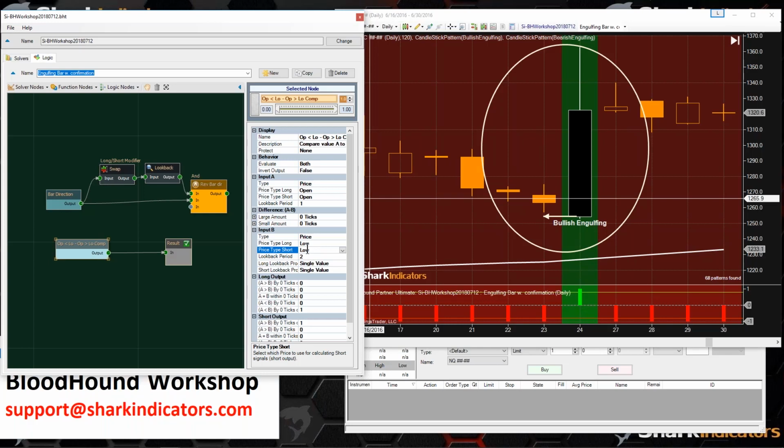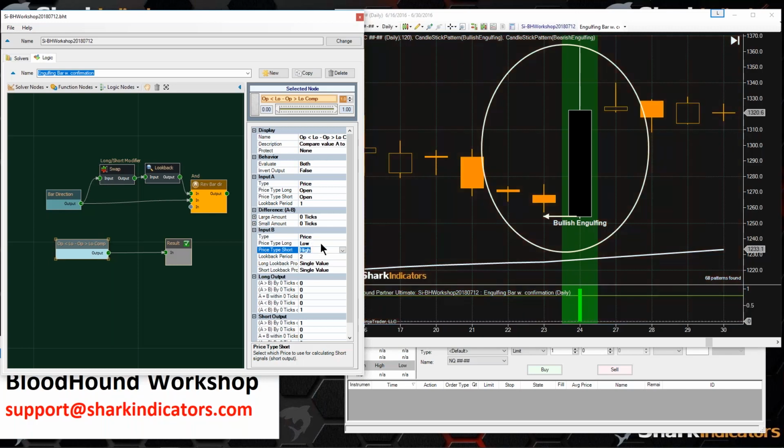Actually, should both of those be low? Yeah, I'm going to switch one of these back to the high the way I had it. So for the shorts, the high there.